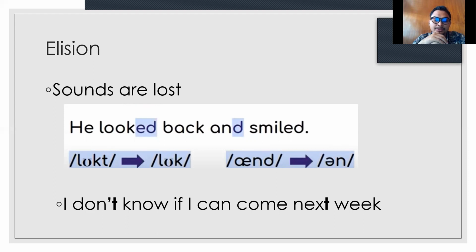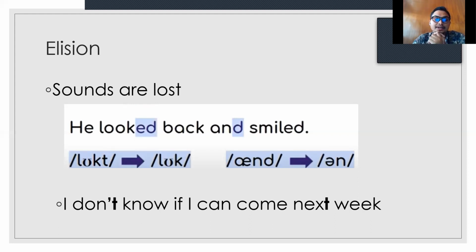Please remember. And then the last example we have right here is: I don't know if I can come next week. Regularly, the sound t must be strong there. But when we use connected speech, you have to delete it.